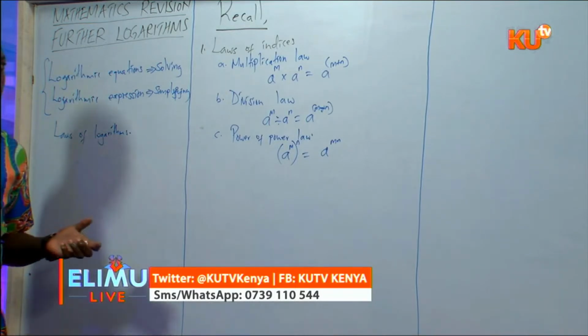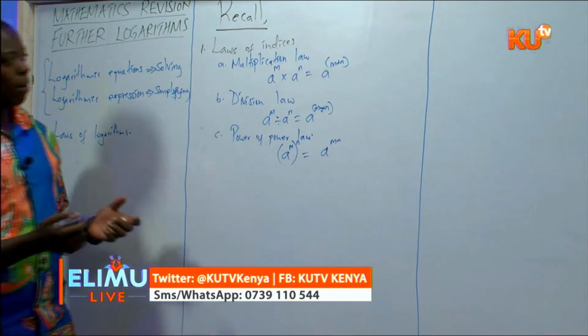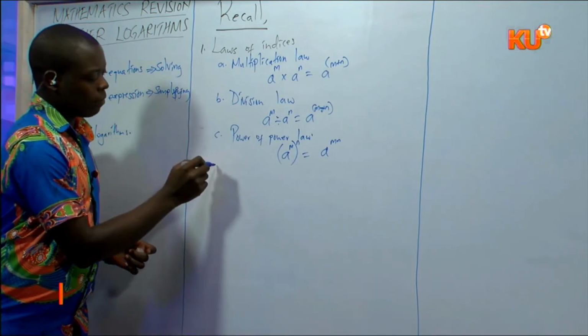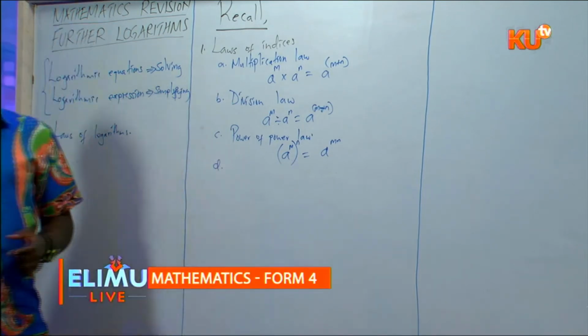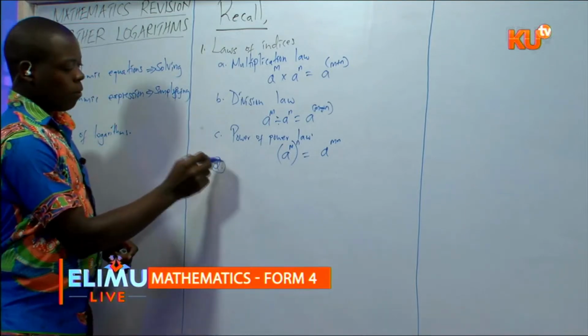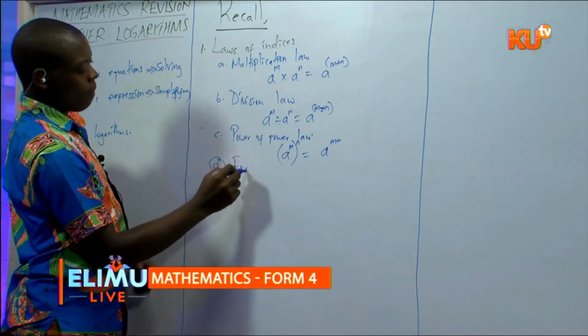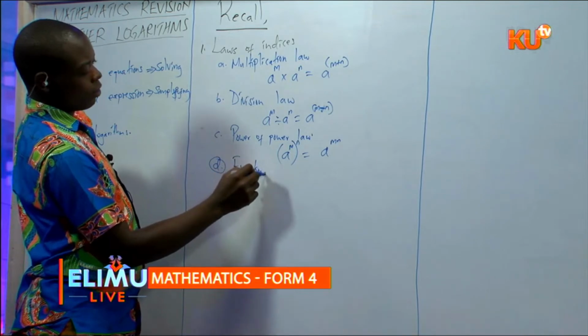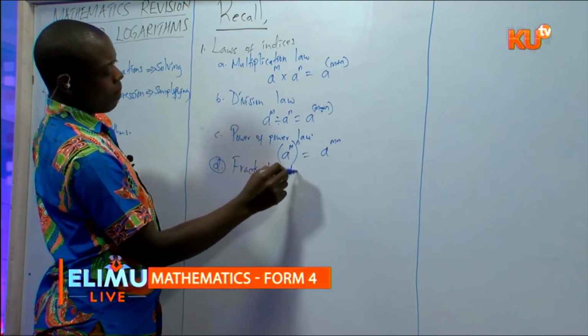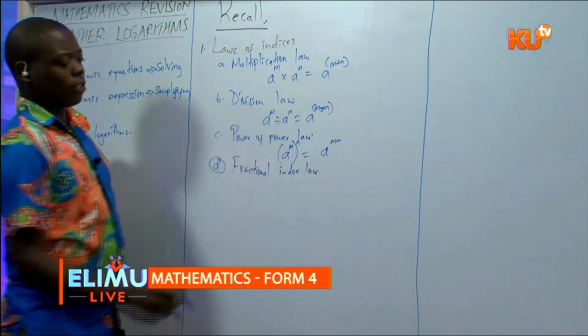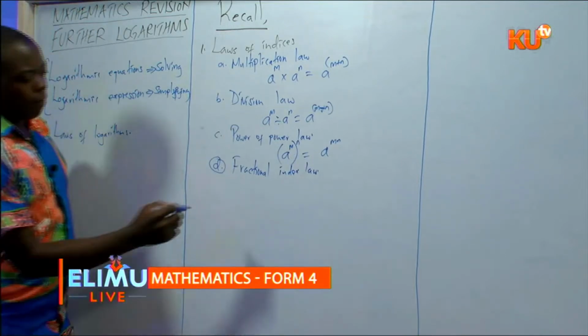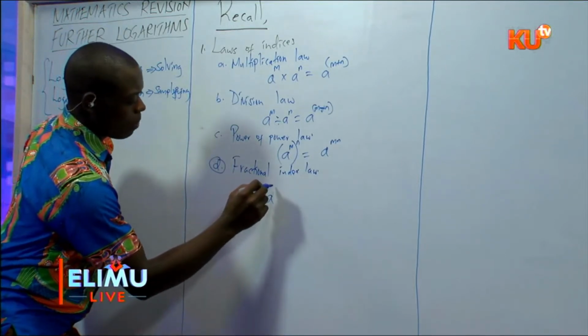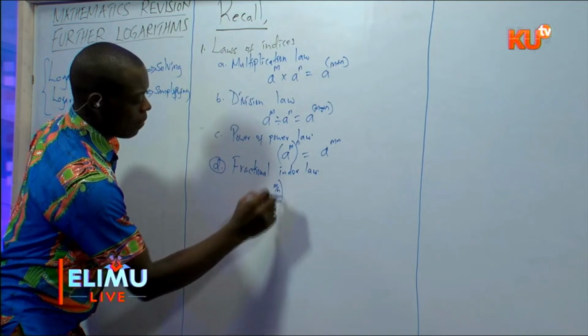However, we have the laws by extension, which we call the principles. And so that starts from now, number D. In D, now this is a principle. We have what we call the fractional law, the fractional index law. When dealing with fractions, for example, we have a number a raised to the power m over n.